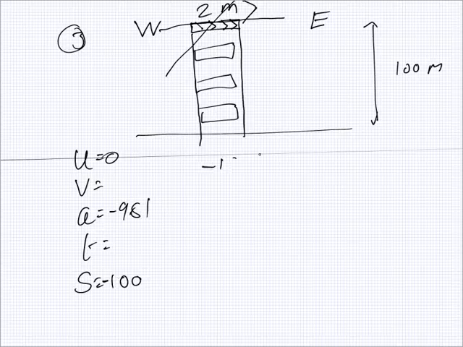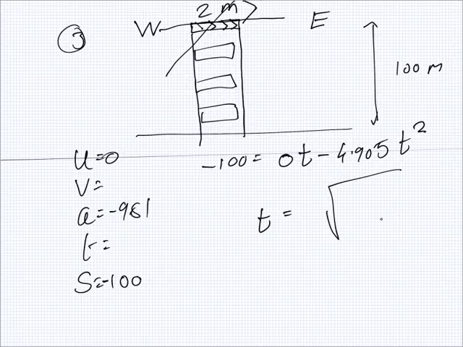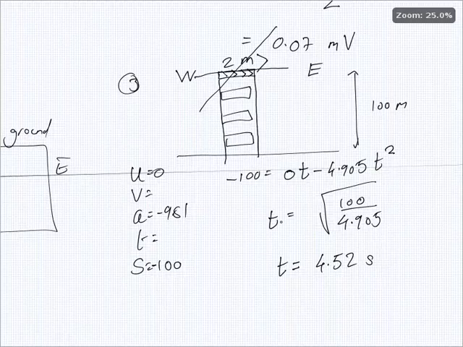S equals ut plus a half a t squared. That is right. So the t will be square root 100 over 4.905, which is, do the calculator. 4.52 seconds. Okay, so we'll use our formula now.